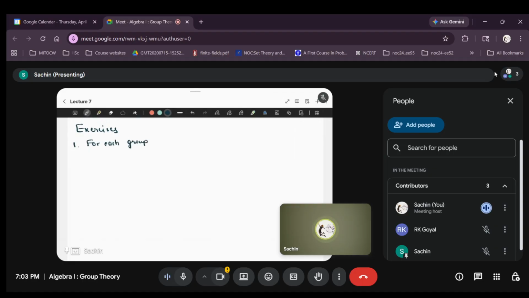For each group in the following list, find the order of the group and order of each element in the group.